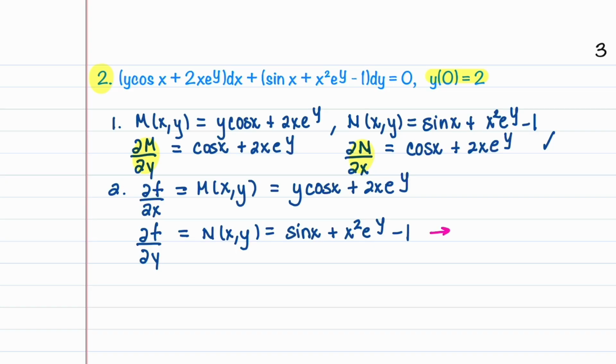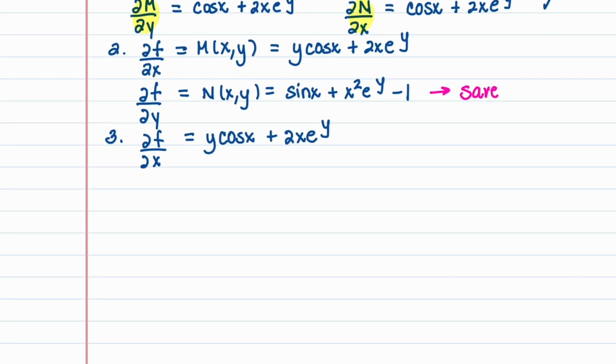Let's just make a note that we are going to save this one for later. And in step 3, we are going to work with the partial derivative of f with respect to x is equal to y cosine x plus 2x e to the y. We are going to integrate each side with respect to x.